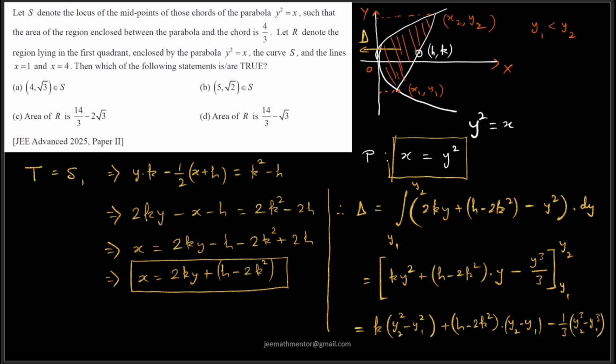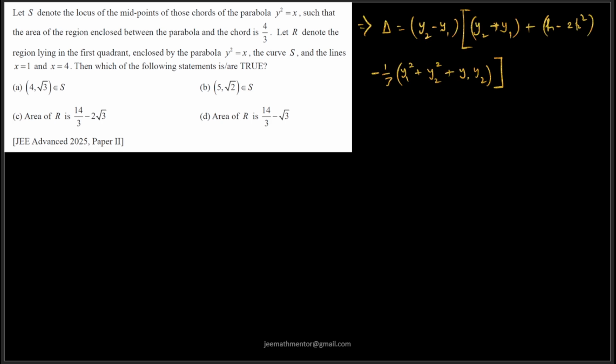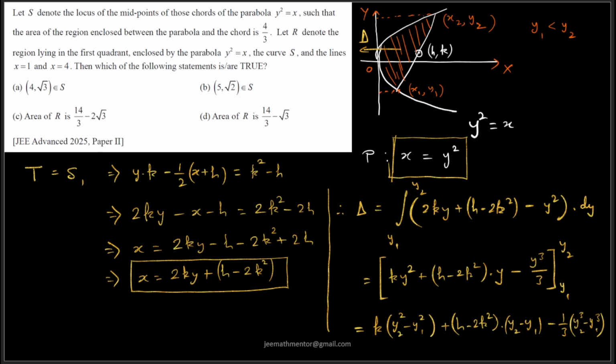Now the objective is to get rid of all these y1, y2 etc. and write it explicitly and exclusively in terms of h and k. How do we do that? We do that by considering the fact that h comma k is the midpoint of the line segment joining x1 y1 and x2 y2. It's the midpoint of this chord, right?